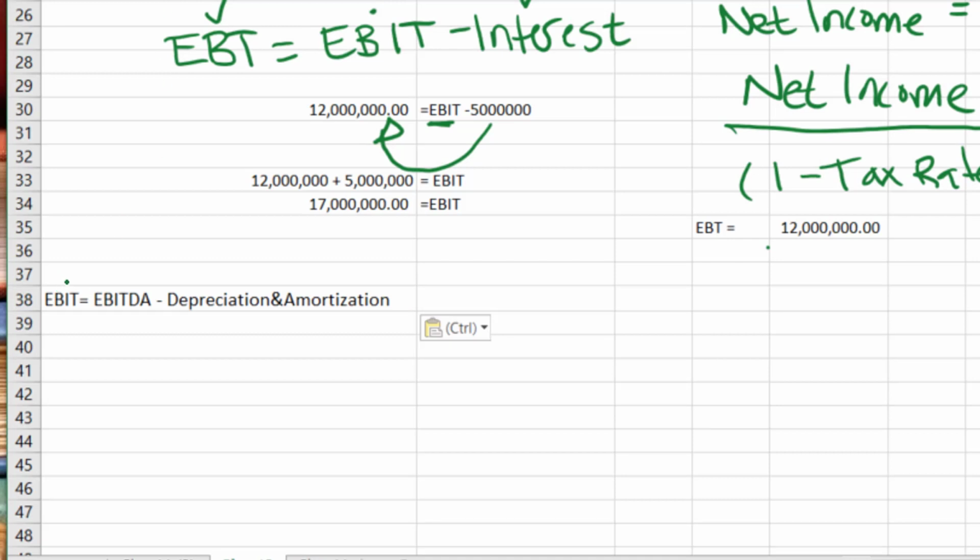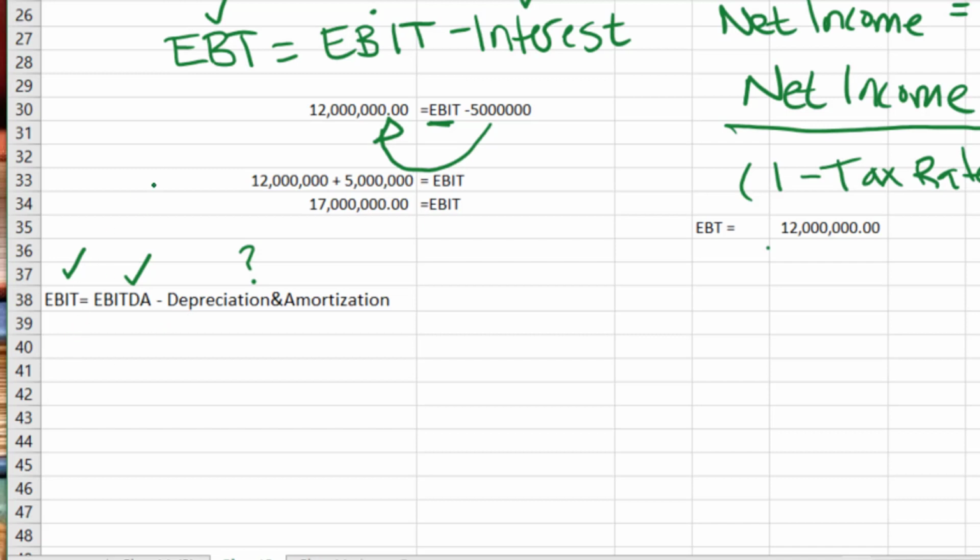Okay, so if we're looking at this, right, we've got EBIT. Yes, we just solved it. We have earnings before interest, tax, depreciation, amortization given to us in the question. So we have EBIT and then EBITDA here. And we want to solve for this one. And so for us, we can plug these numbers in.